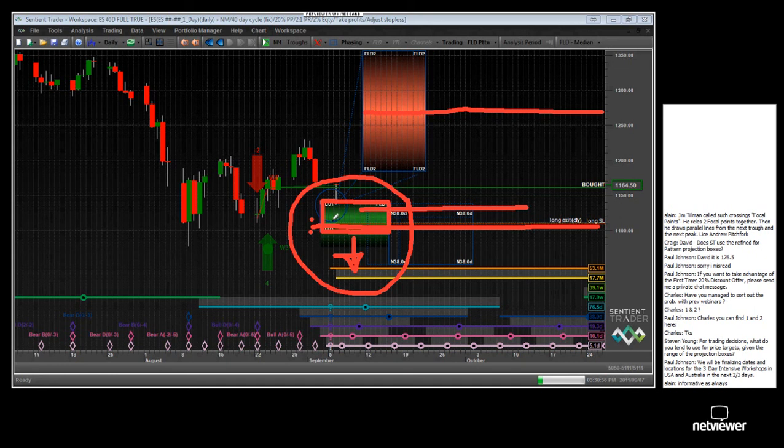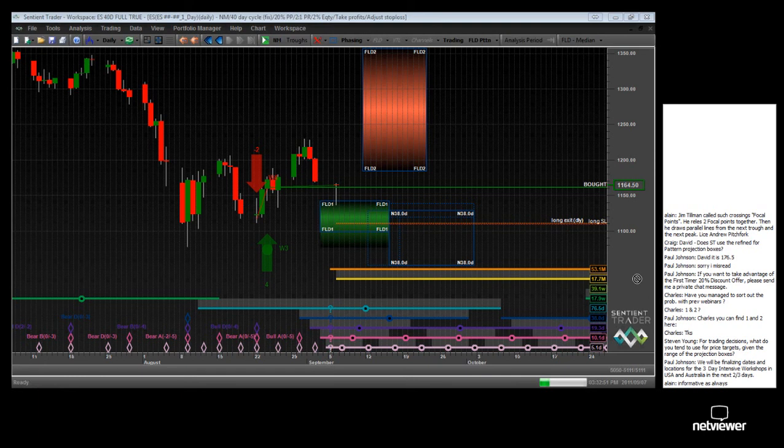Now, if you had an underlying trend situation that caused Sentient Trader to expect price not to go that far down, then it will take half the distance between the highlight and the top of the box, of course, which would be over there.